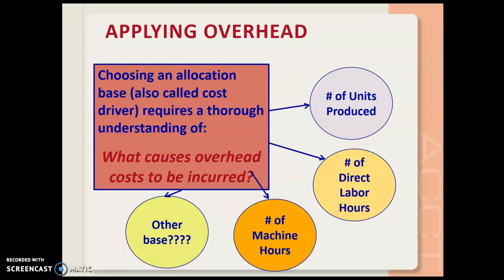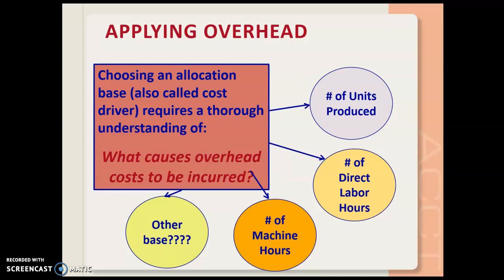We would apply $1 of overhead for each of the 1,000 units. But most manufacturers create a lot more than just one type of product, or the products aren't necessarily the same, so that doesn't work for a lot of companies.